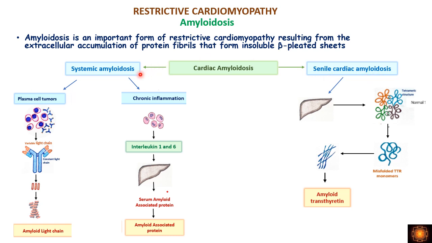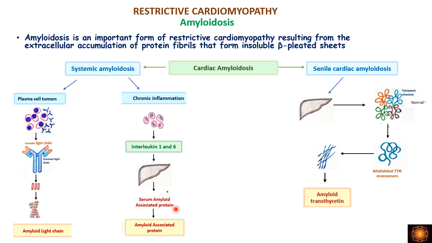As a part of systemic amyloidosis, we see it in a condition of plasma cell tumors where we have increased production of light chains. So there is amyloid light chain deposition in multiple organs along with the heart. And another condition is severe chronic inflammation where you have increased production of interleukins by the inflammatory cells, which stimulates the liver, and the liver produces serum amyloid associated protein.